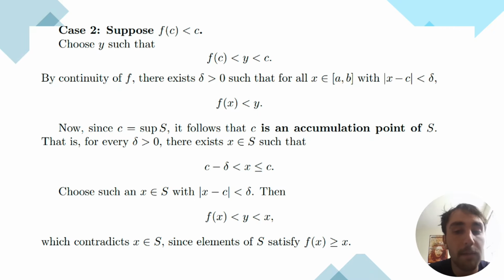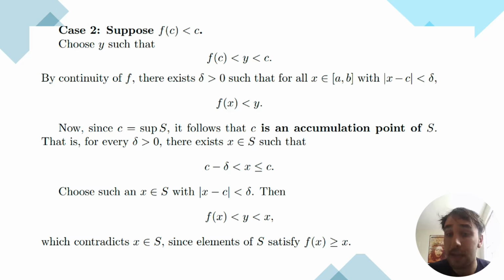And what that means is there's an infinite amount of points close to C in S. Or if you choose any positive distance, there is at least one point at most that distance away from C in S. So if C is greater than f of C, then that point lies below the diagonal that we created before.